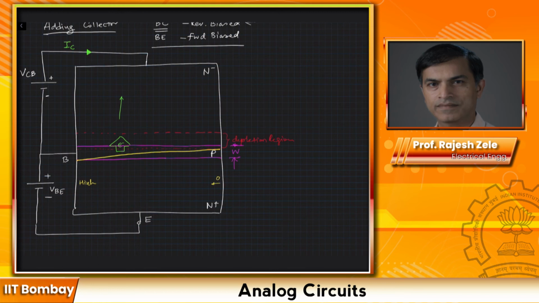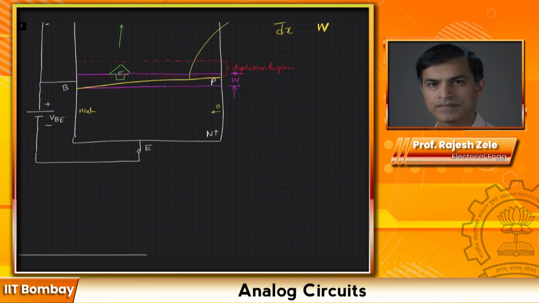The slope is going to be equal to d n_p divided by dx, which is part of our current, and that is going to look like n_p0 divided by the width W. So the important observation is that the current due to forward biasing of the base-to-emitter junction, the exponentially dependent current on VBE, is going to flow through to the collector. That is the important observation.